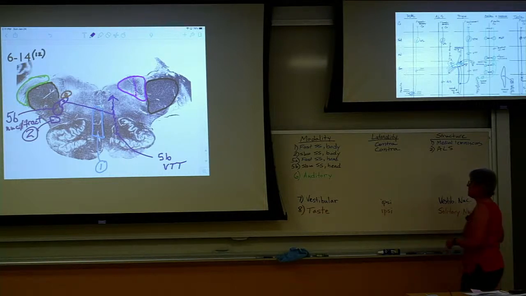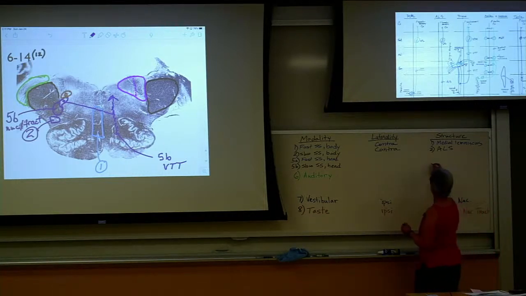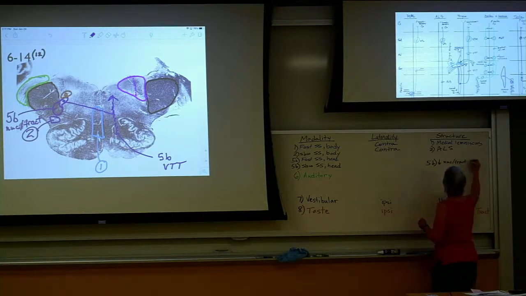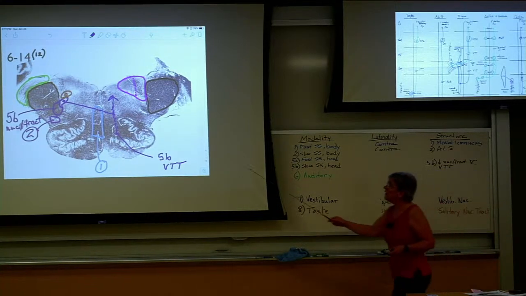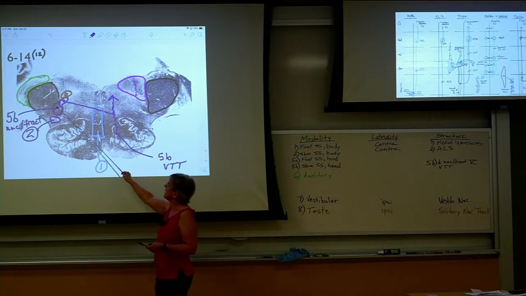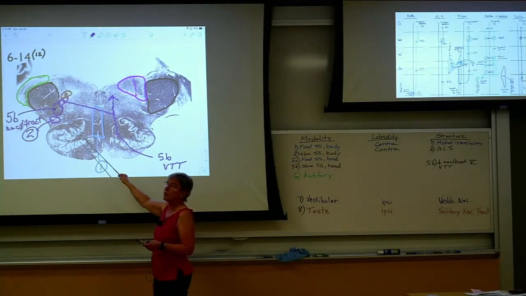All right, so at this level, we don't have 5A, but we do have 5B, and we have the descending nucleus and tract of the trigeminal system, as well as VTT. And as we know, we have primary sensory afferents making their first synapse here. Primary sensory afferents do not cross the midline.